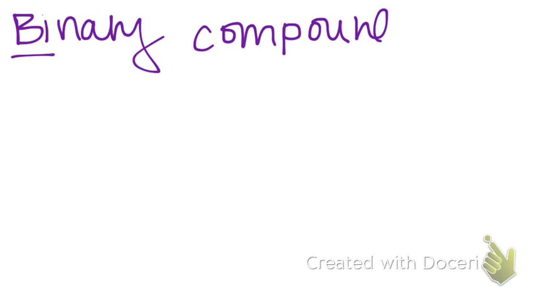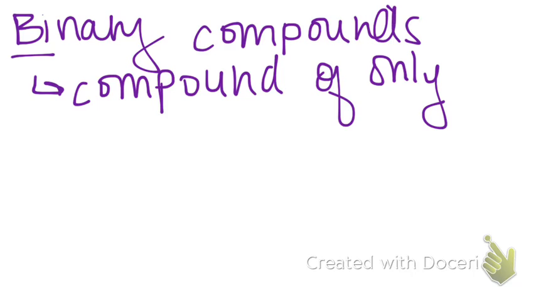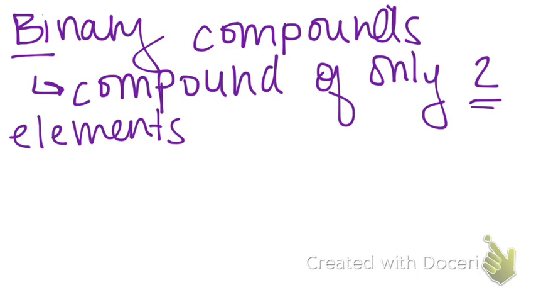Okay, so if we're dealing with binary compounds, the definition of that is a compound of only 2 elements. Only 2 elements. And it's not 2 atoms necessarily. There could be more than 2 atoms that are bonded, but it's just 2 types of elements.